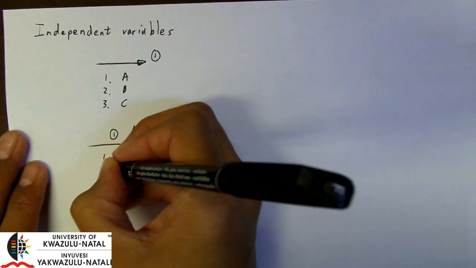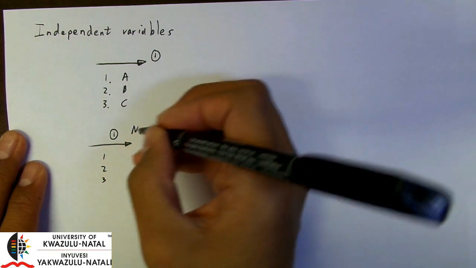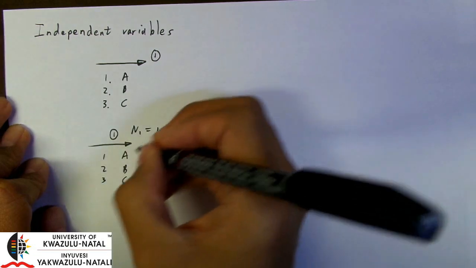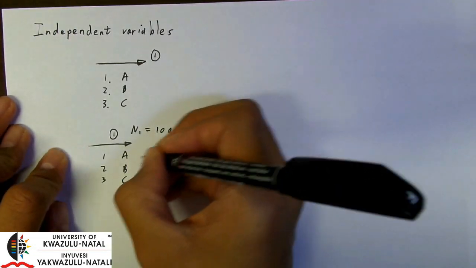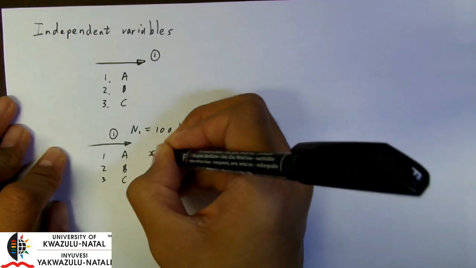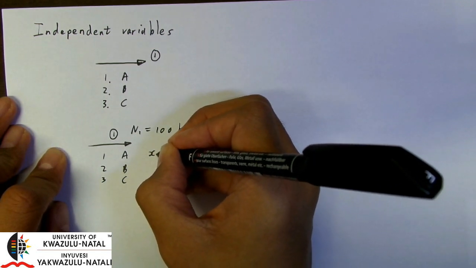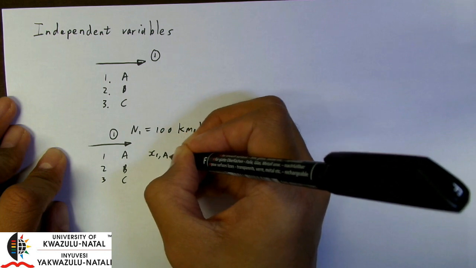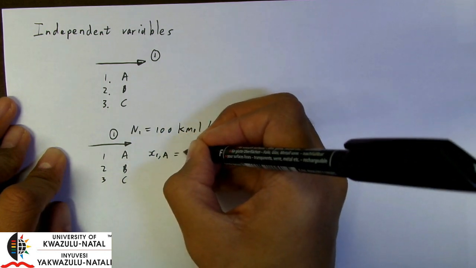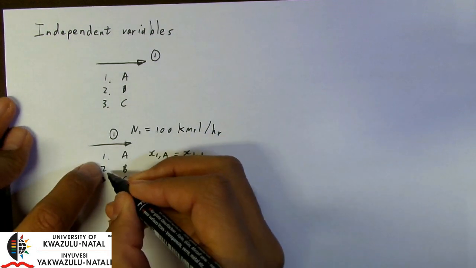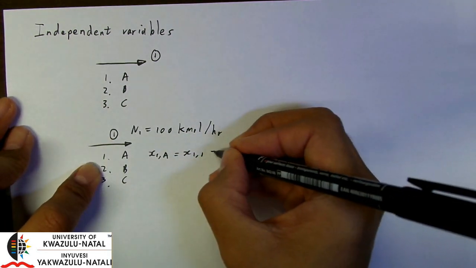And we are told that the composition for component A, I'm just going to call this X1A. Remember, I can also refer to it as X11 if I'm attaching a number to each component.